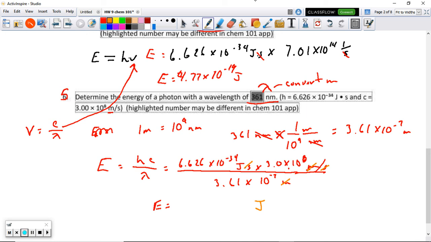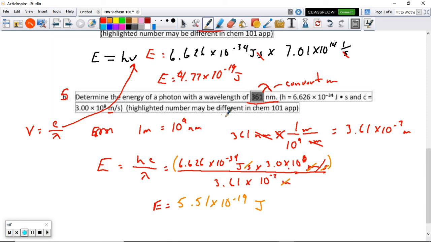So now we just have to do the math. I recommend solving the top first and then divide by the meters, which would give us 5.51 times 10 to the negative 19.